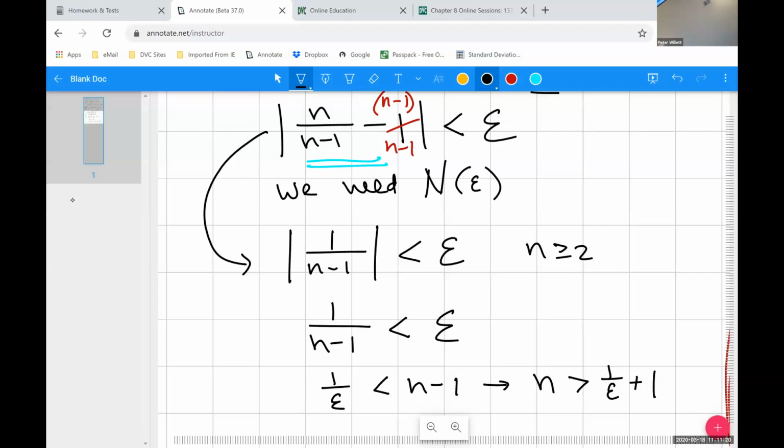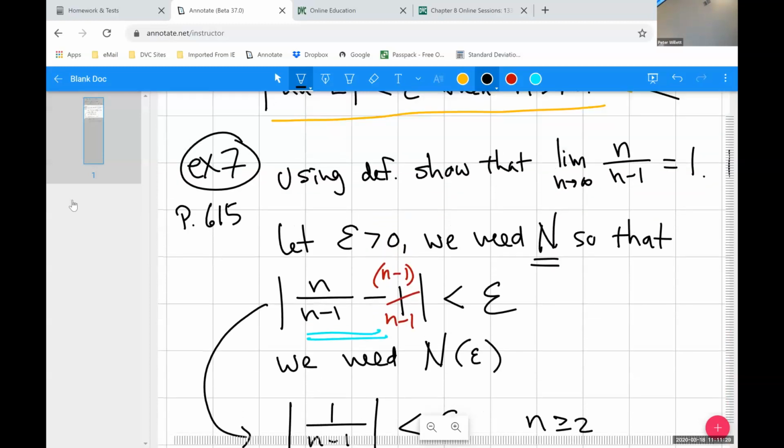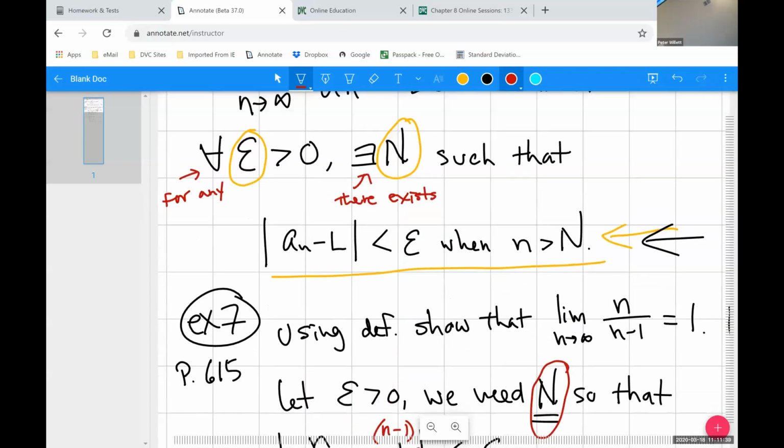So I'm putting in that restriction because you can choose, in the end, what are you going to do? You're going to pick an n value, a capital N value here, right? And you're going to say that what I need to have happen is that whenever little n is bigger than capital N, this is true.